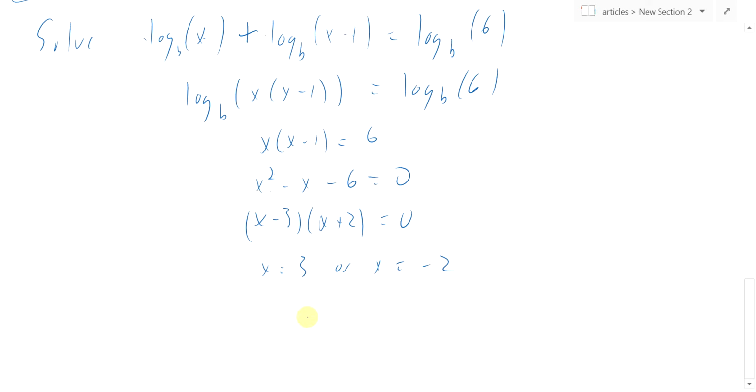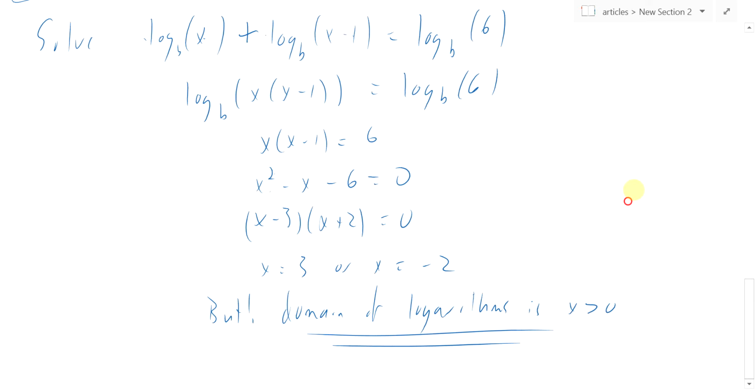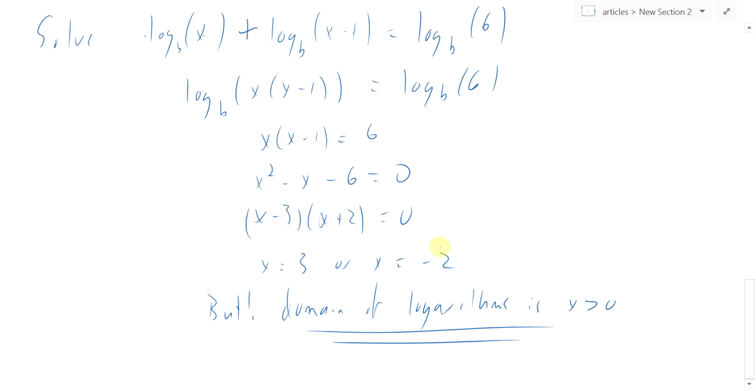But remember, the domain of logarithms is x greater than 0, right? And so if I tried to plug this solution, x equals minus 2, this supposed solution, back into the original problem, what would you get? You get log of minus 2 plus log of minus 3. Well, you can't do that, right?